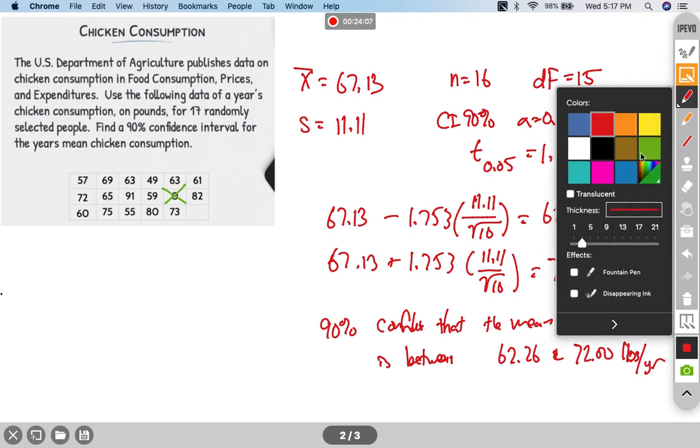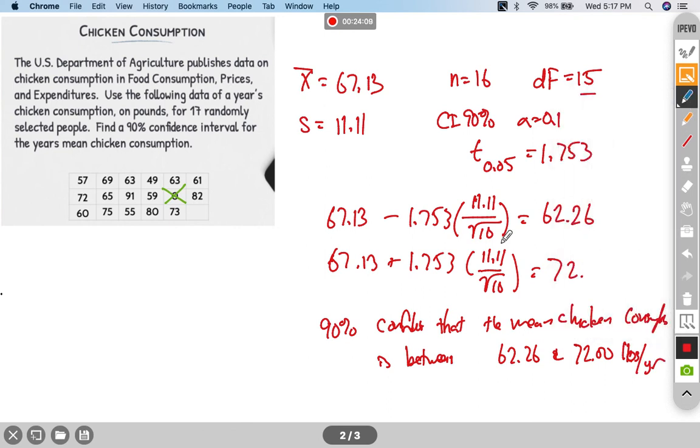Now, if you did this on your own and you did not take out that outlier, you would have gotten what we got here. x bar is 63.18. s is 19.51.